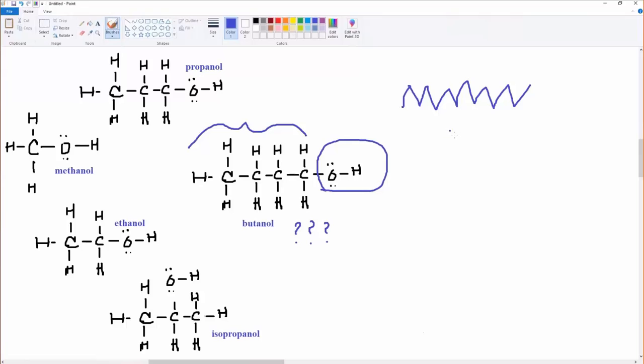So, for instance, if you look at the molecules that make up your lipid bilayer, they look something like this.